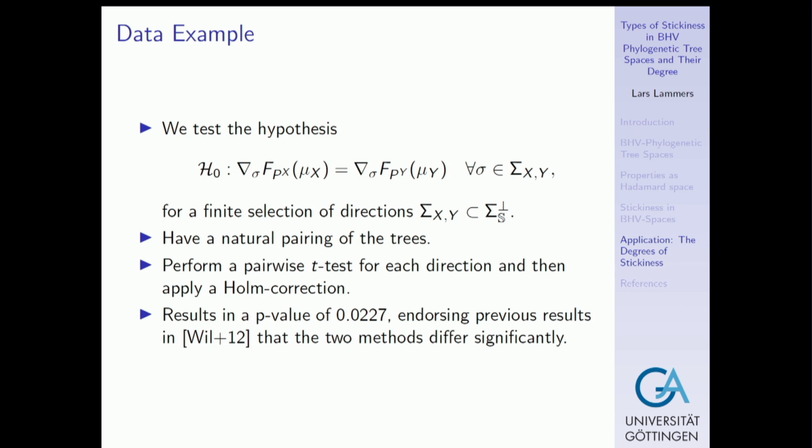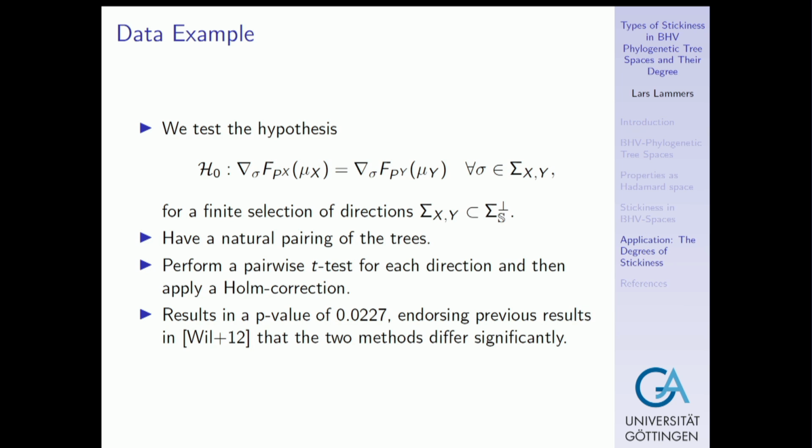However, the space of directions is still pretty nasty. It inherits lots of not so nice properties of BHV spaces. So we propose to work with some finite selection of directions. Since the trees were inferred from the same data, we had a natural pairing for the trees.